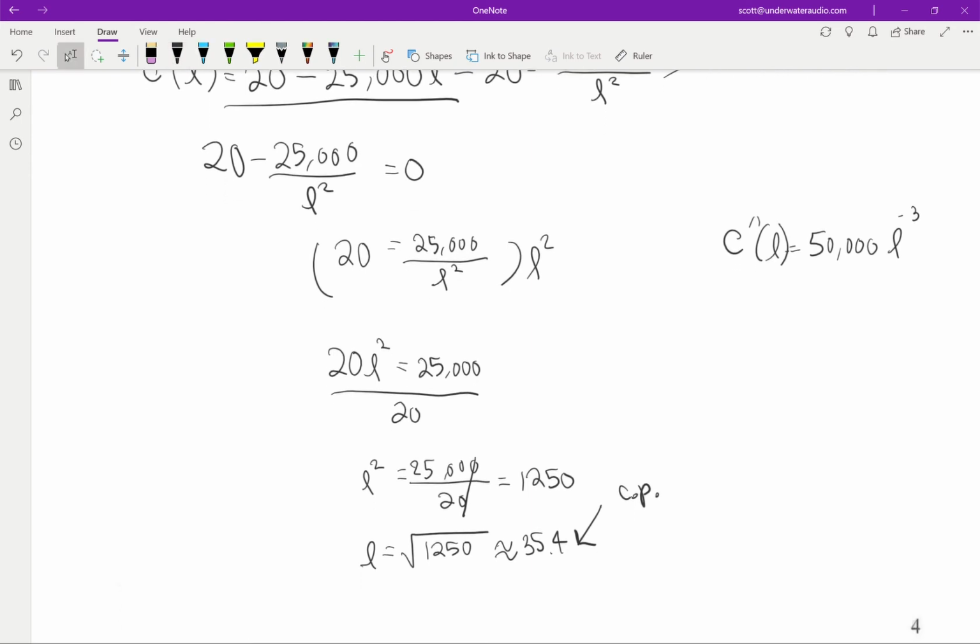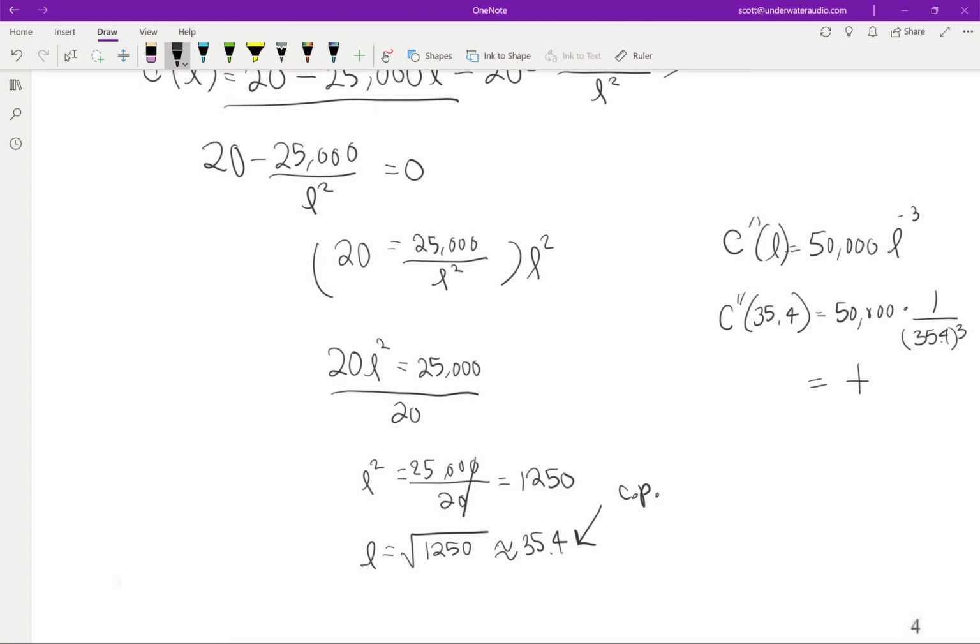And then, so if I plug in my critical point, or really close to it, 35.4, that's 50,000, and then times 1 over 35.4 cubed. So that's definitely something positive.